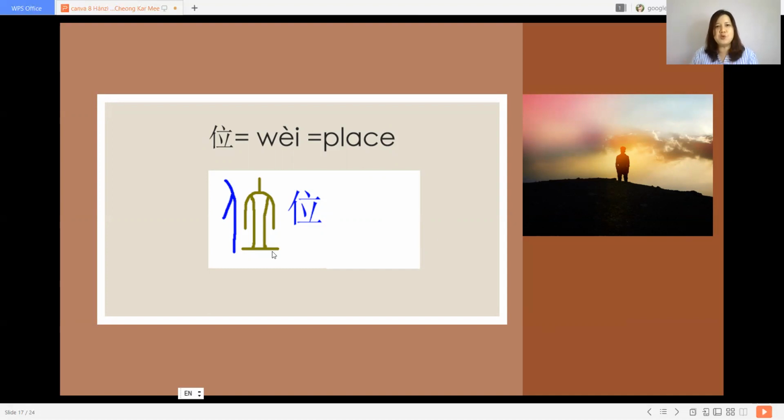So the place means where the people are standing. The place where people are standing is a place. So gradually we can extend the meaning of place into position. A position where a person is in. Position, wei. Or it means place at the same time.